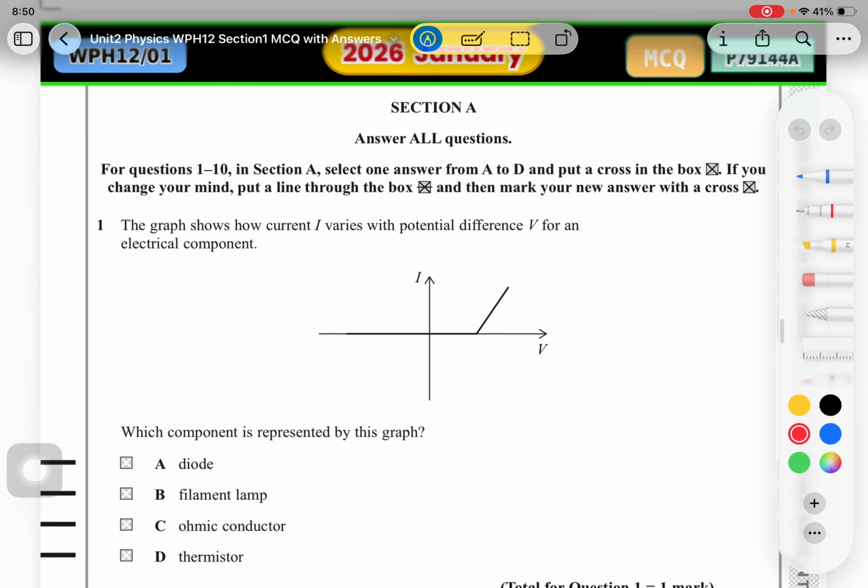Now check question number 4. We have a circuit and they are saying the internal resistance is negligible. Light intensity is incident on the LDR. When light comes onto the LDR, the LDR resistance will decrease, so whatever the R you have, that will drop.